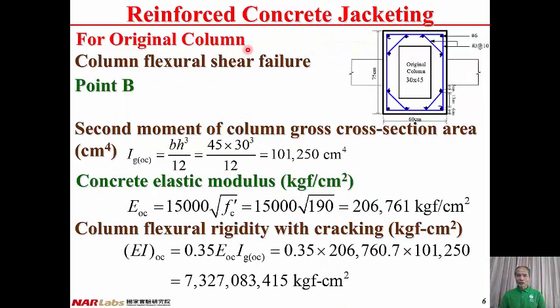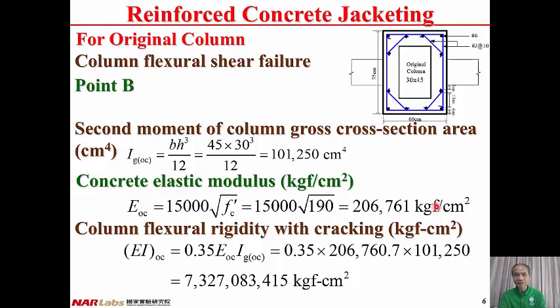For the original column, we start from point B. The second moment of the gross cross-section area of the original column equals b h cubed divided by 12, and here's the result. The concrete elastic modulus equals the empirical formula, 15,000 times the square root of fc prime.